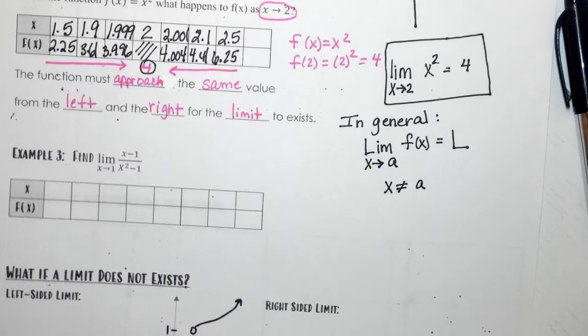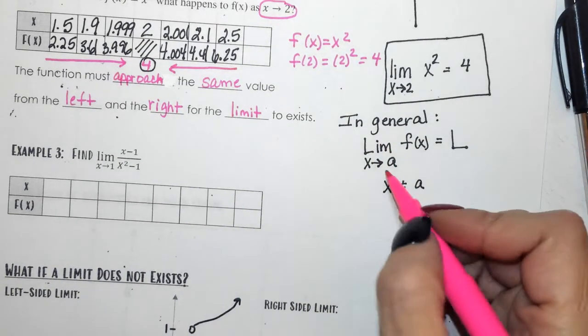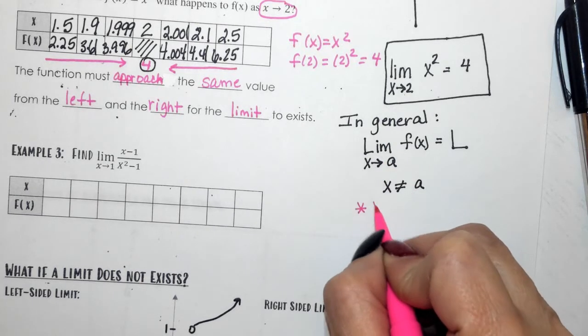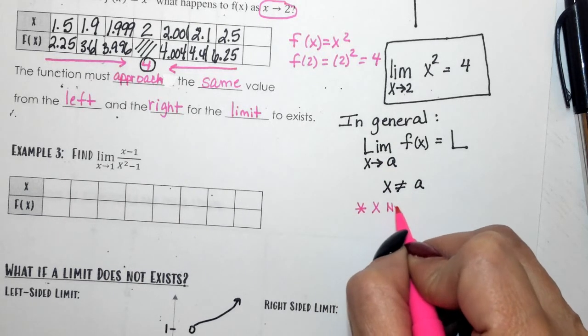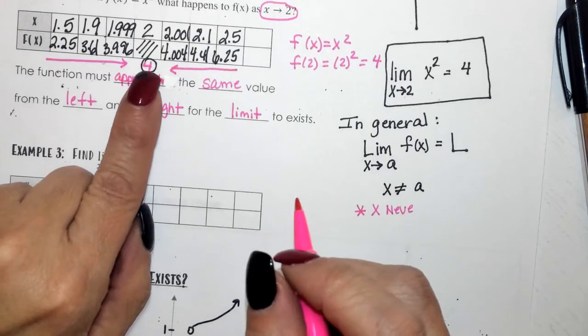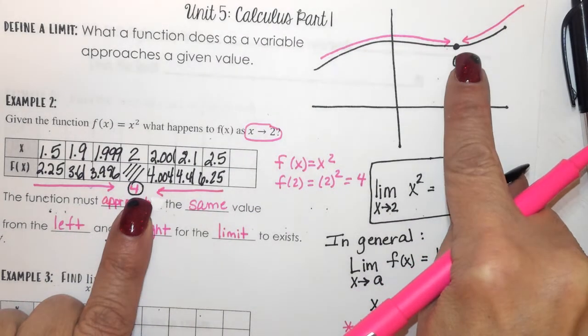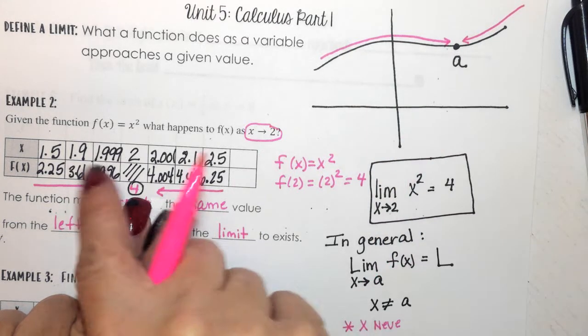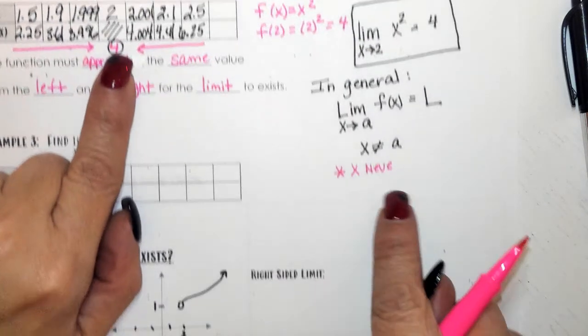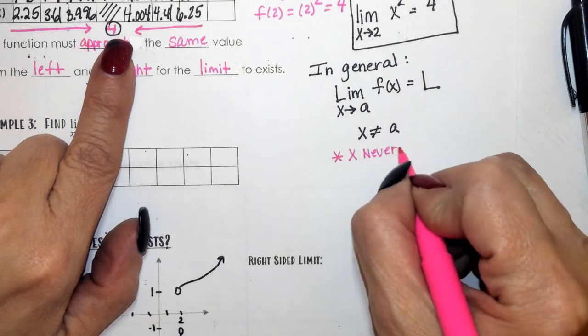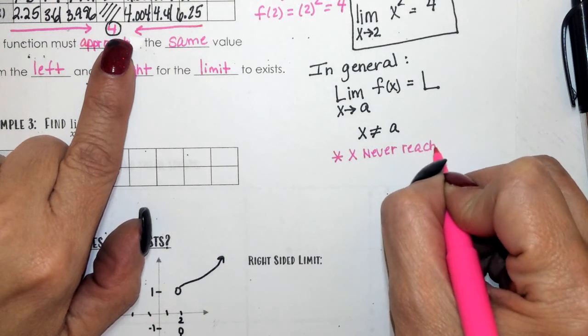Now, x never reaches a. That is our big guideline here, and that's what I was saying earlier. Remember, we never ever reach a. We get really, really close to it, but we never physically reach it. That's why we block it out on here. X never reaches a.